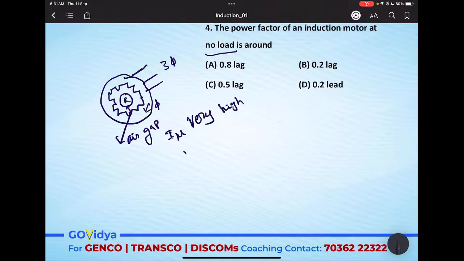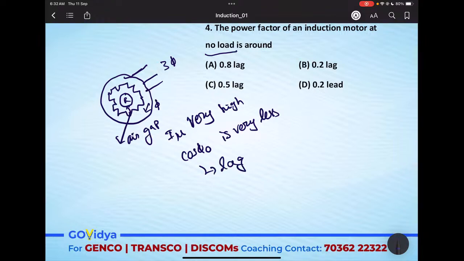If I mu is high, cos phi naught, that means at no load condition cos phi naught is very less. In transformers we already saw the relation between I mu and cos phi naught. Induction machine is nothing but a rotating transformer. All properties of transformers are applicable for induction machine also. And cos phi naught here is lagging.